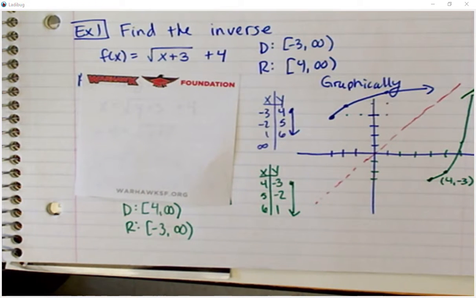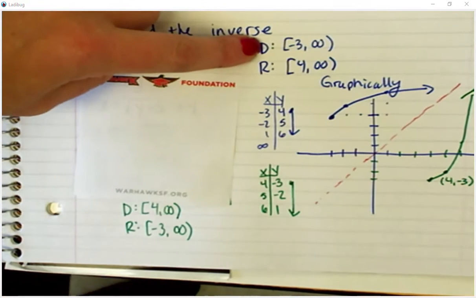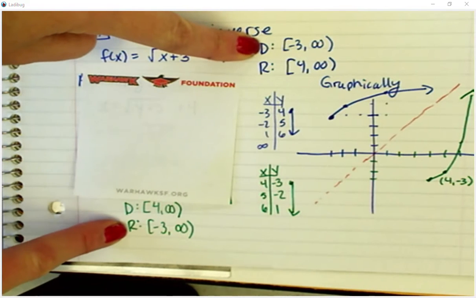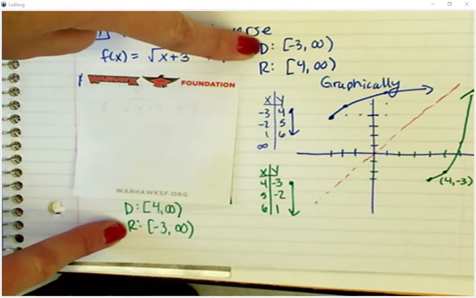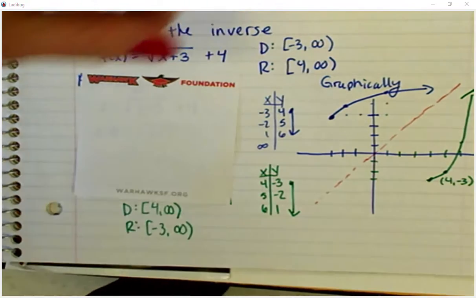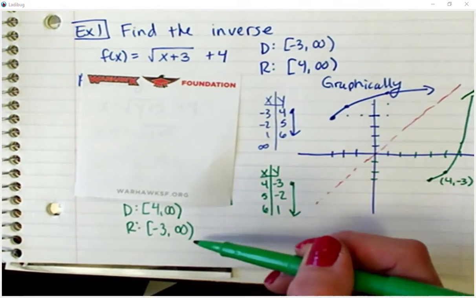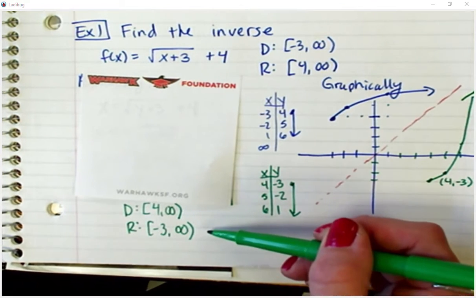Yeah. Look what happened. I switched. Everything for x's and y's will switch on an inverse. If the original domain describes x's, then it's going to describe the y's on the inverse.